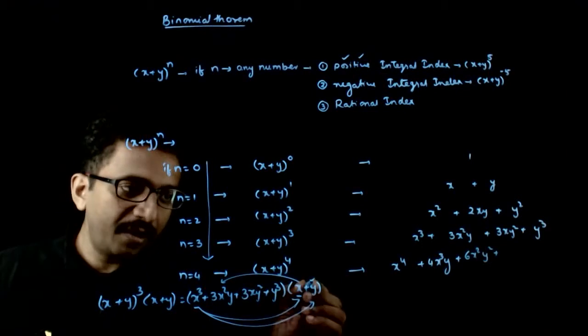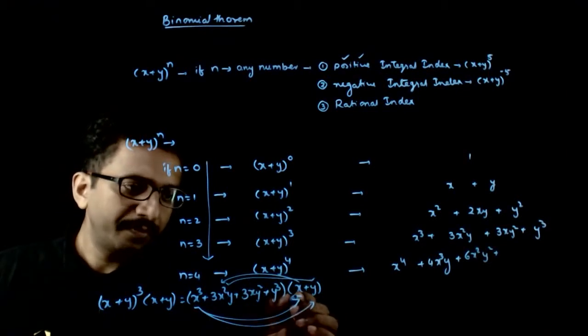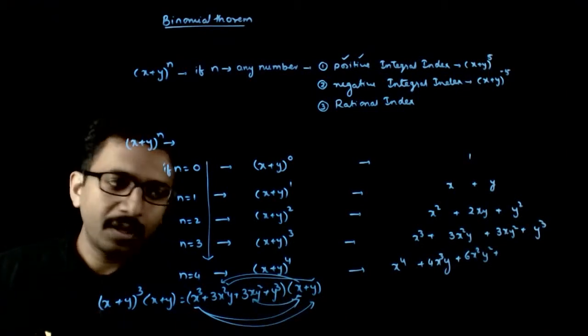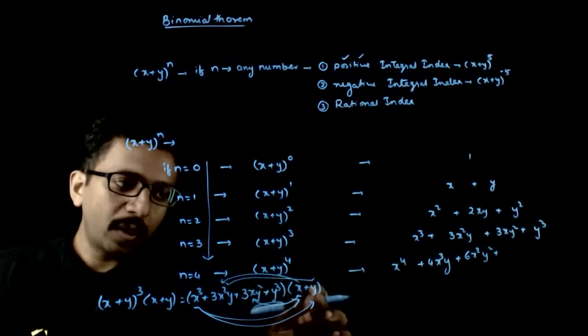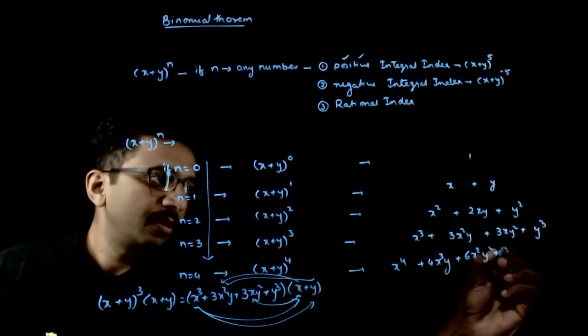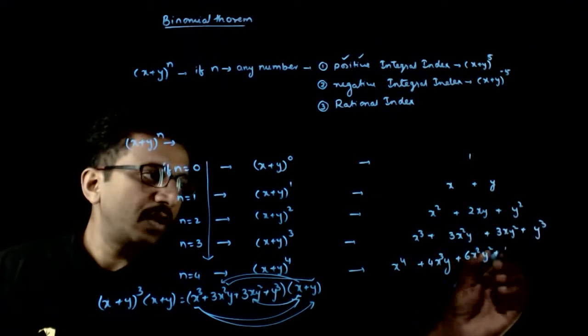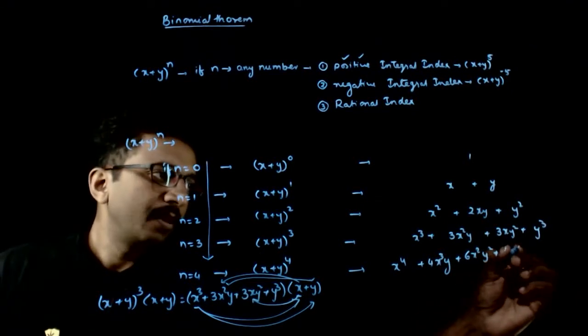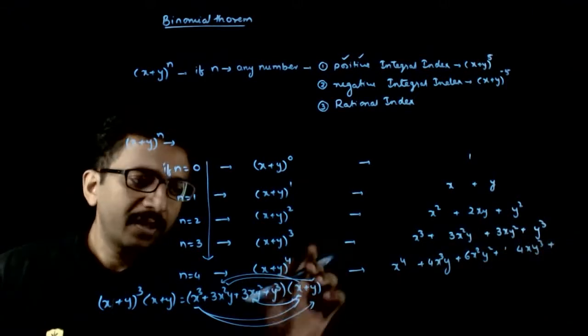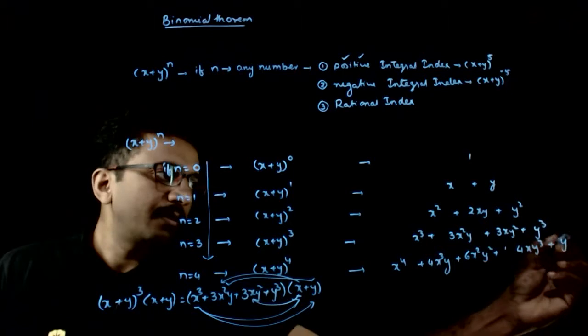So you have multiplied y with this and also x with this. Now, what is remaining? 3xy^3 + xy^3, that is 4xy^3, plus lastly you have y^4.